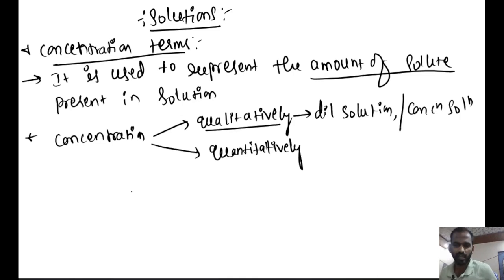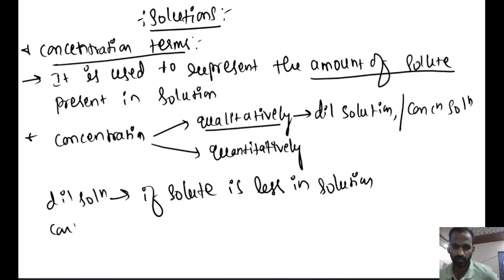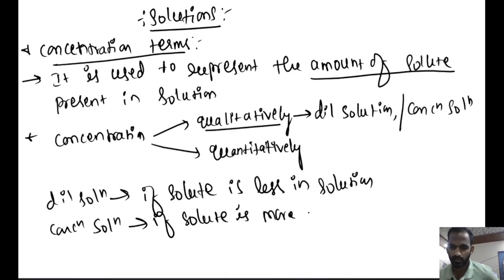Dilute solution means, if solute is less in solution, then it is called a dilute solution. Concentrated solution means, if solute is more in solution, then it is called a concentrated solution.